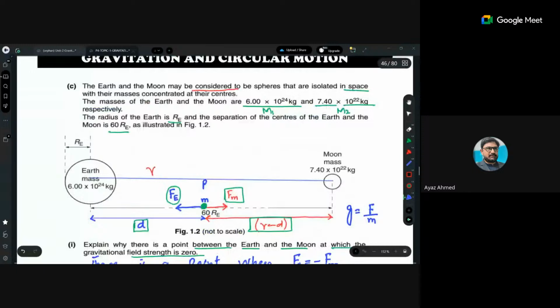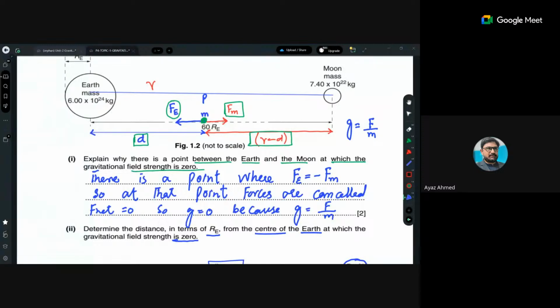The masses of the earth and the moon are given to you. So if some person or a rock or any object is existing there, its mass will be small m, which is experiencing both forces.